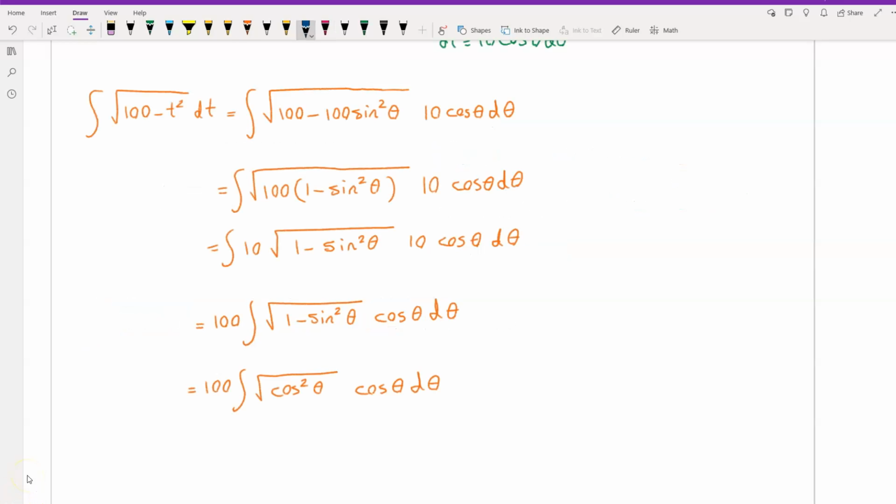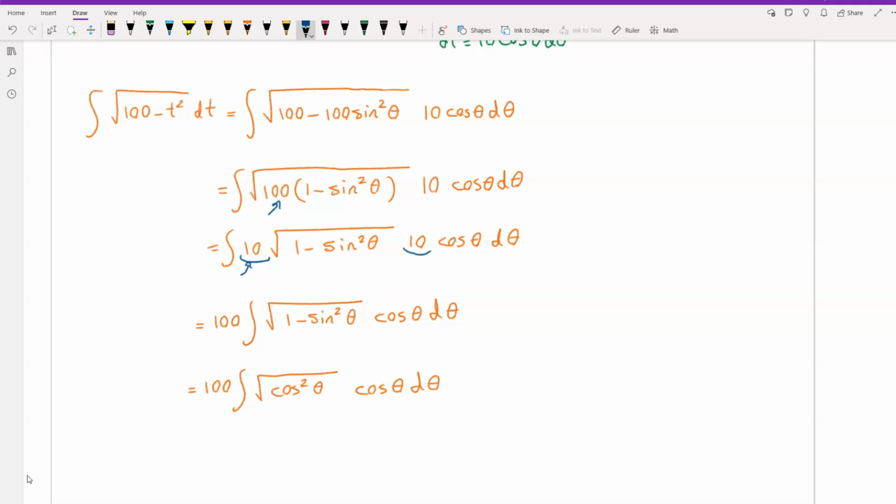And then next step, here factor out 100. So 100 times 1 minus sine squared, that is inside the square root, and then multiply by 10 cosine theta d theta. So square root of 100 is 10, multiplied by square root of 1 minus sine squared times 10 cosine theta d theta, and then multiply these two.